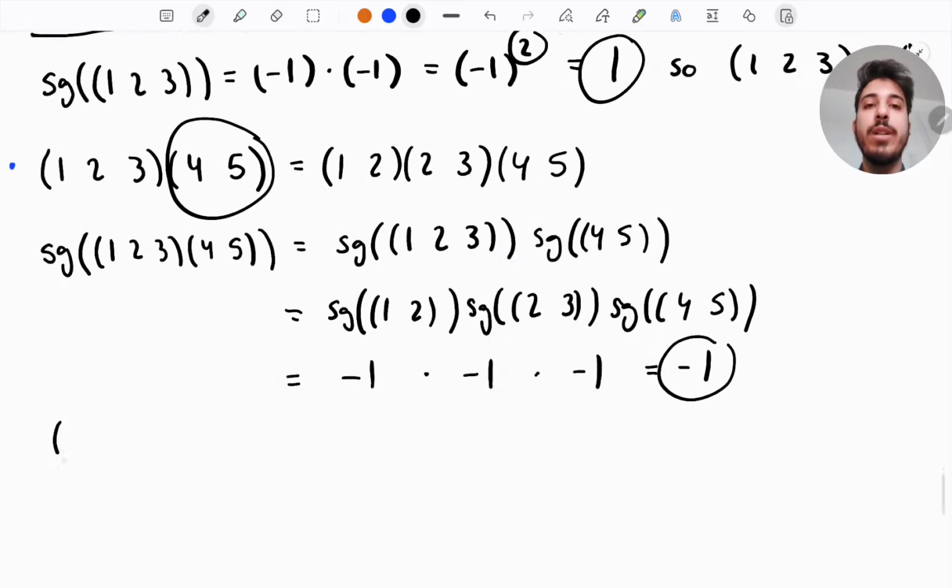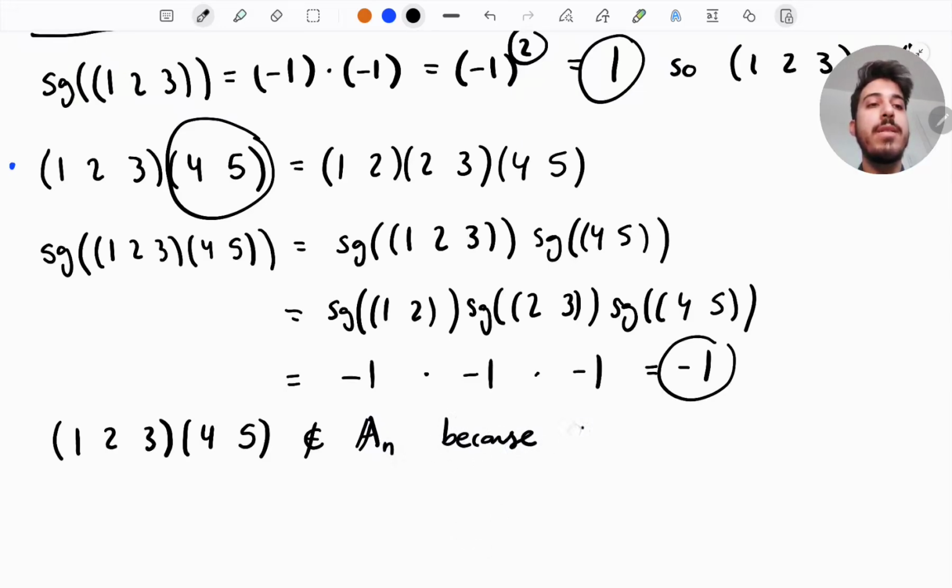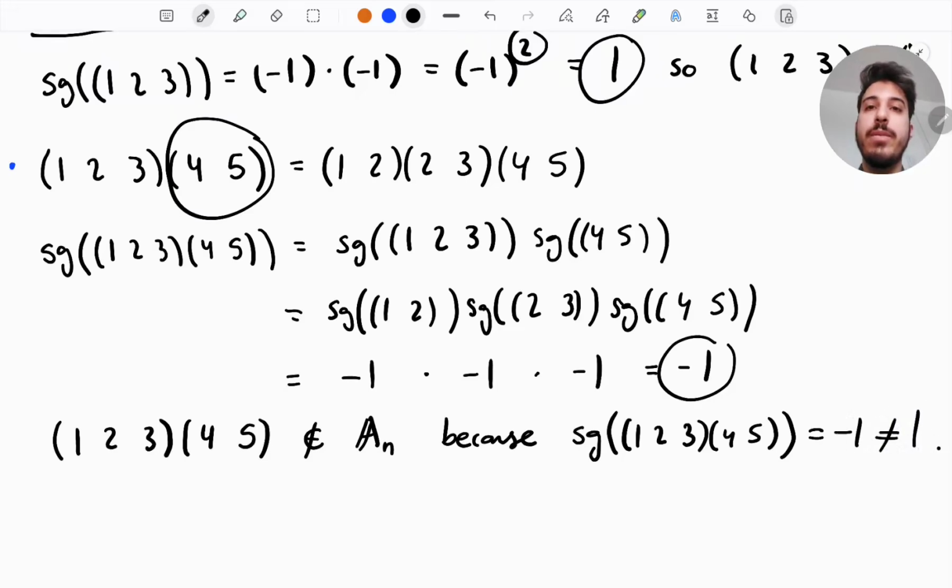So we conclude that (1 2 3)(4 5) does not belong in the alternating group because the sign of this element is equal to -1, which is not the identity of the multiplicative group C star. And this completes the lesson.